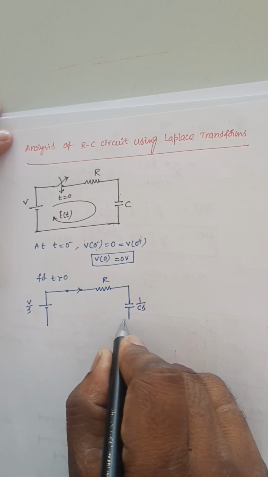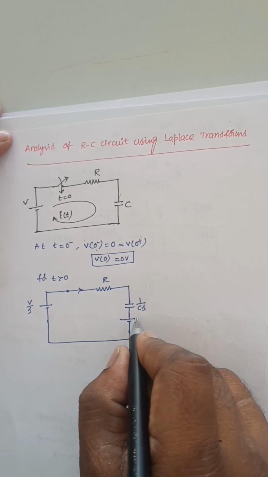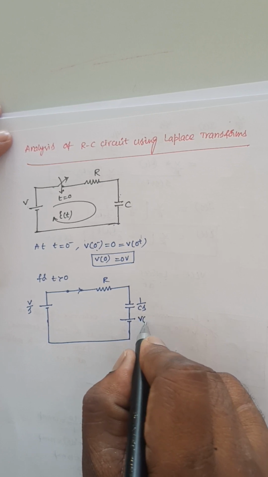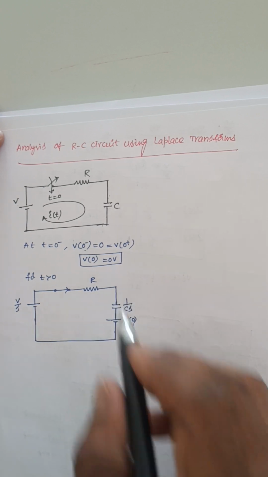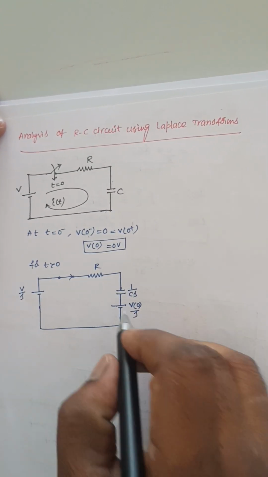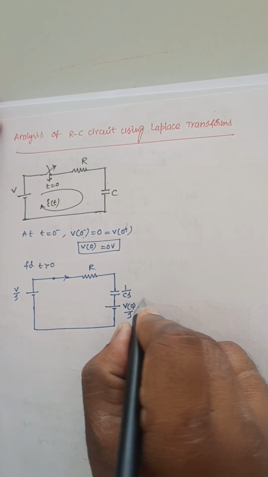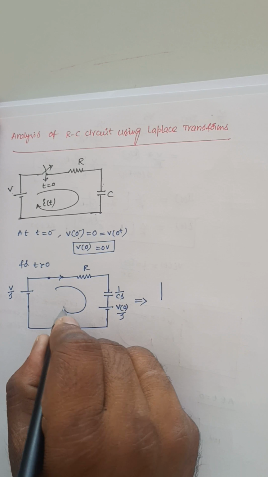If there is a voltage source, this voltage source will be like this, and this value of voltage source is V of 0 by S here. So V of 0 value is 0 volts anyway, I need not represent this voltage source, so it will act as a short circuit now. So the same circuit can be represented like this, and this is the current I of S.